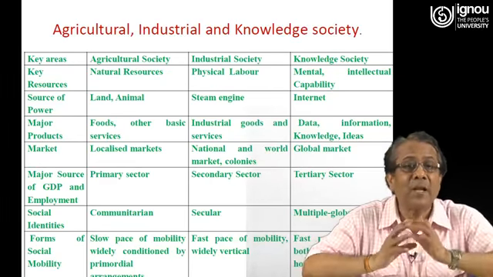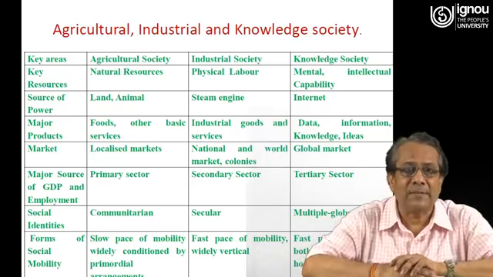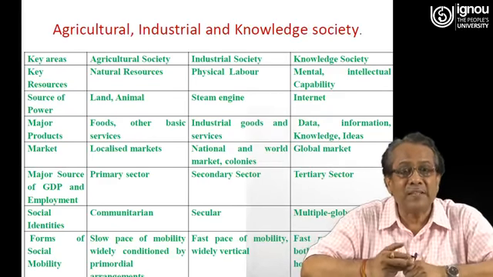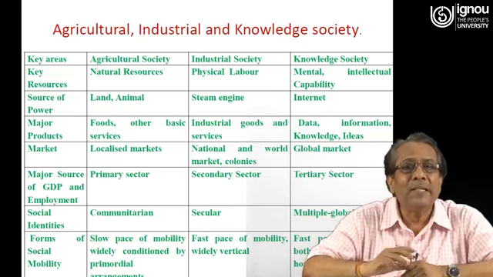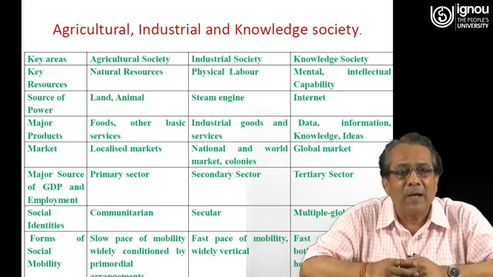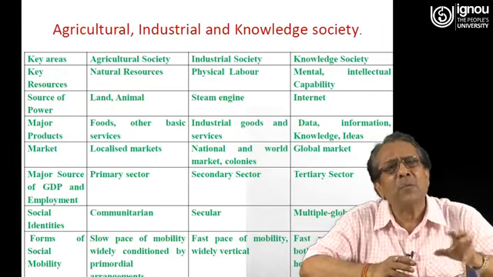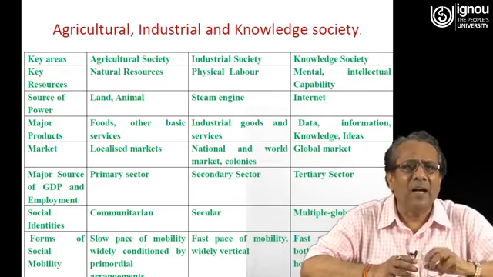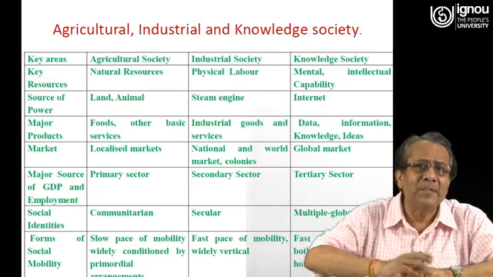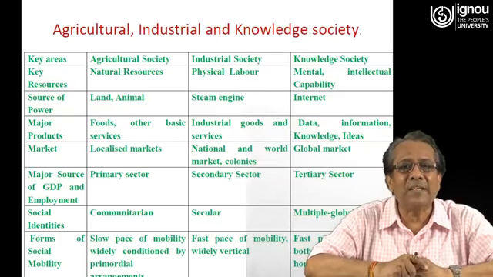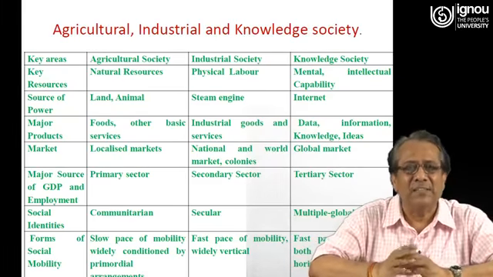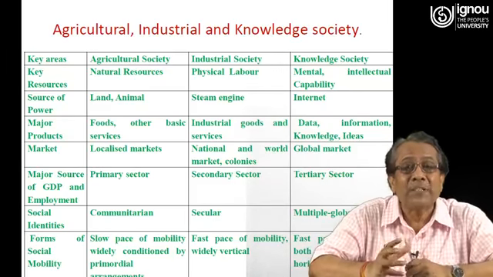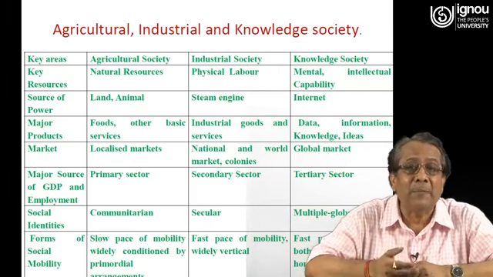Now, see the social identities of these three types of societies. It is quite important. The social identity in the agricultural society is widely a communitarian identity. It is guided by the localized community, the village community, caste, ethnicity, the tribes. In the industrial society, it is mostly a class identity. It is a secular kind of identity. The professional groups identify with their kind of identities.